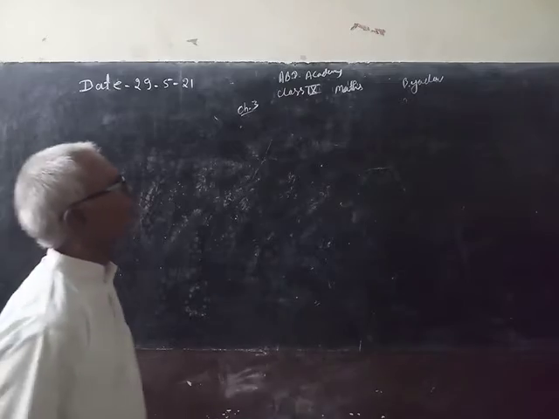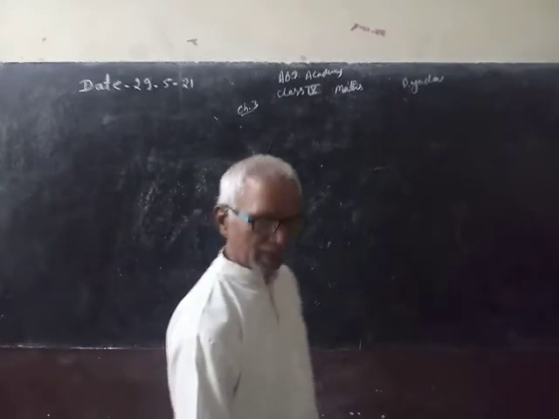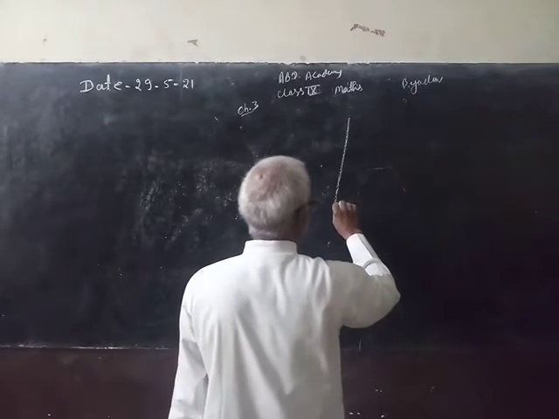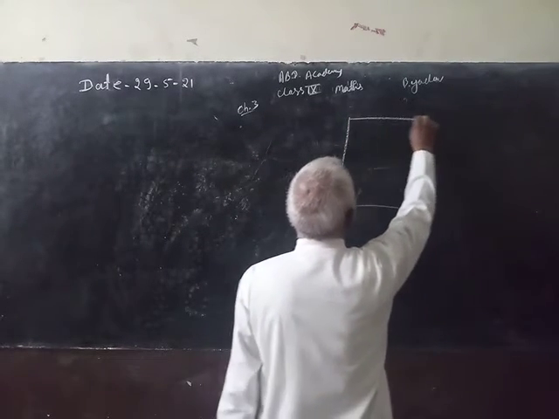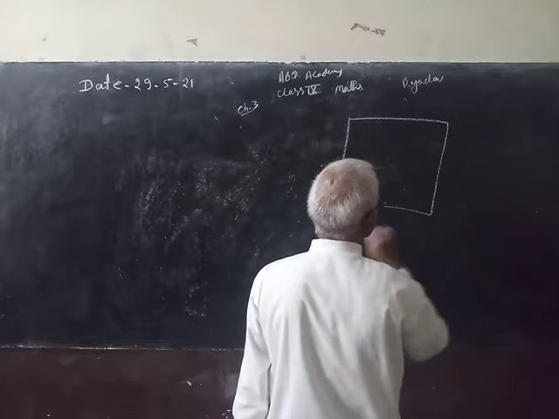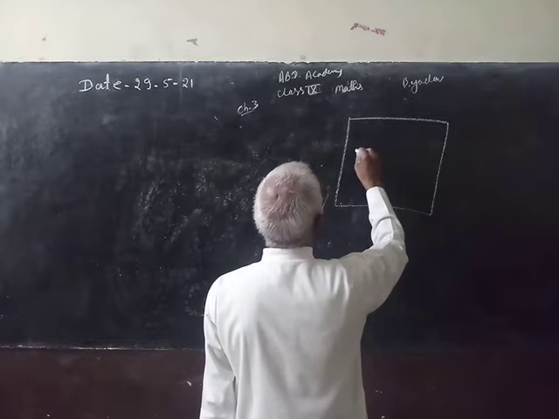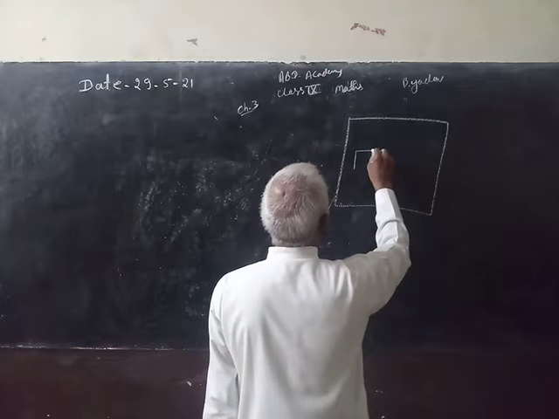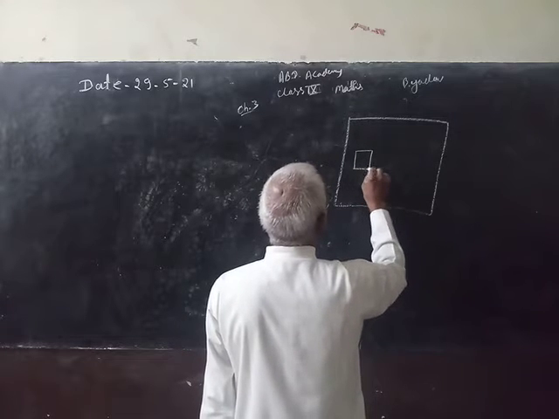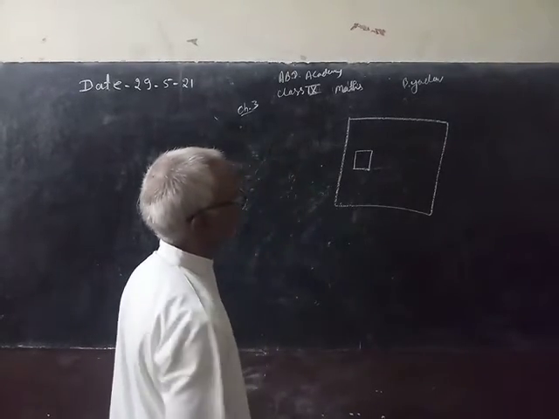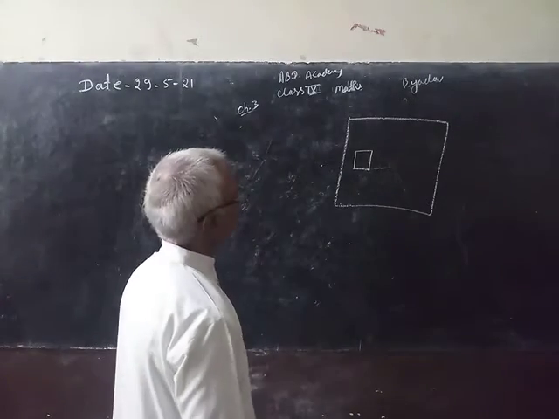Suppose this is a table. It is your classroom, students, and your table is here. So how will you locate the position of the table?